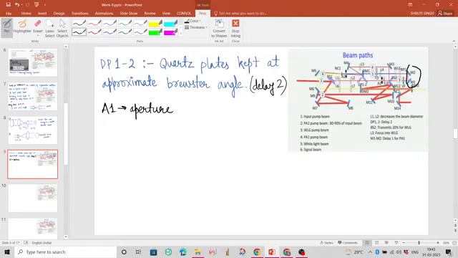Now after this aperture there is the L3 lens. L3 focuses the incoming beam after the aperture.